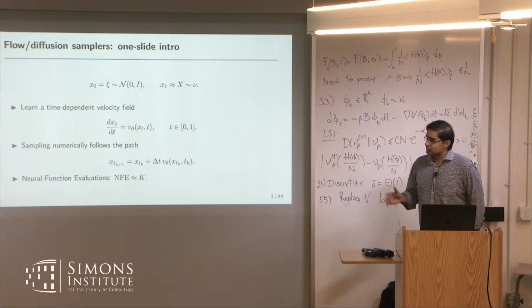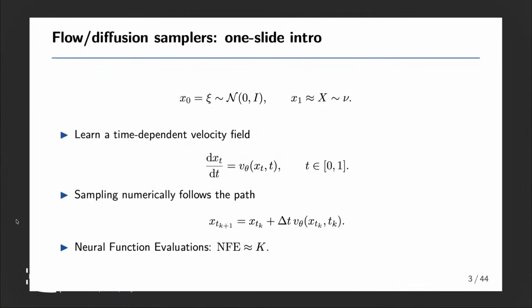All right, so this is a very compressed introduction to how many people think of flow matching samplers, but also diffusion samplers. You have your x naught or psi to be your noise, not necessarily Gaussian, but let's say Gaussian for simplicity. And then you have your x1 to be your data nu that you wish to sample from.